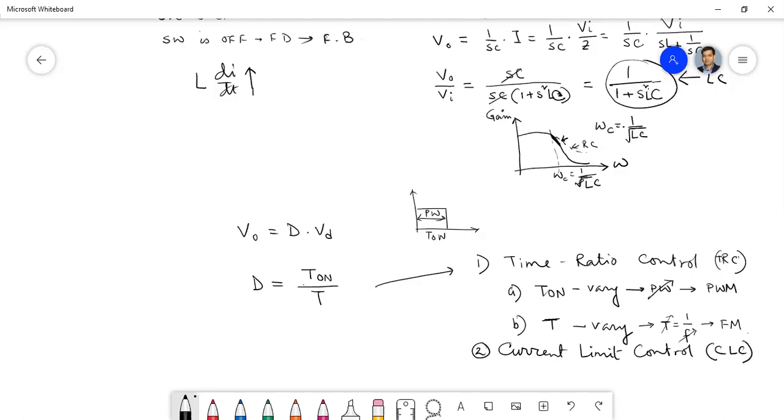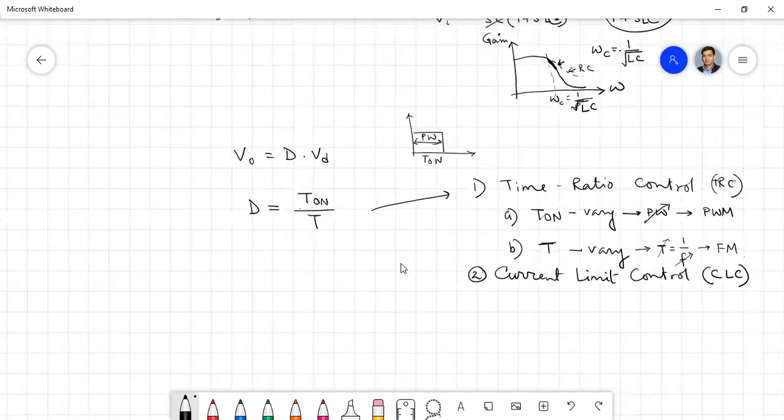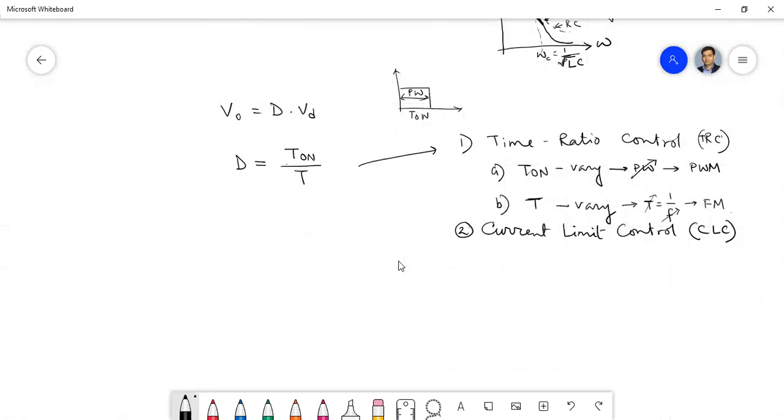Here we don't independently control the T on or T. Instead, we sense the current through the load. Accordingly, we take the controlling action. So this type of control is basically a closed loop control. That means we sense the current, and accordingly we take the steps. Either we can control the time period or T, but that is based on the current.